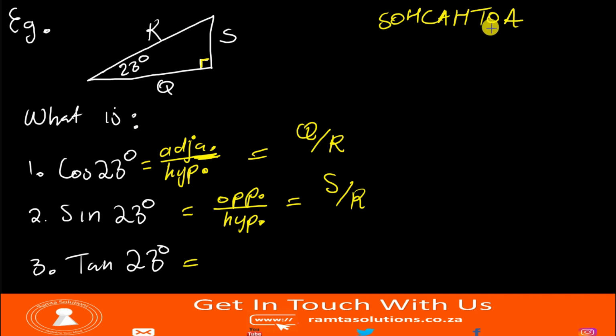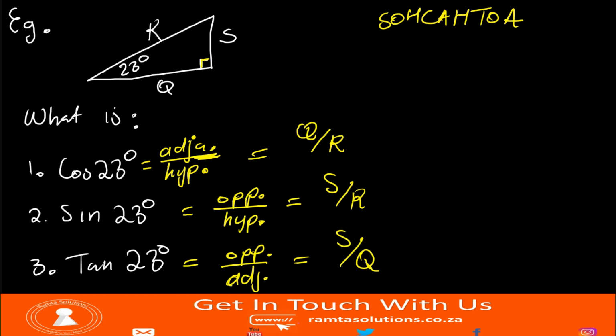We said tangent is opposite over adjacent. So what is the opposite side? We called it S, and the adjacent side, it's Q. Do you guys see that? So this is one example we can use.